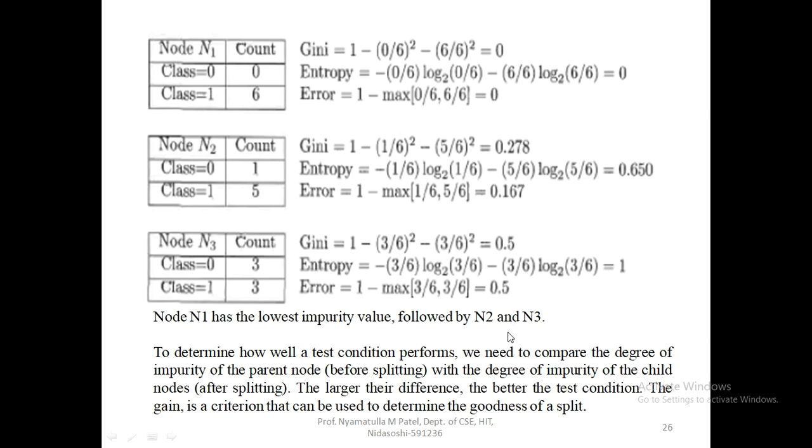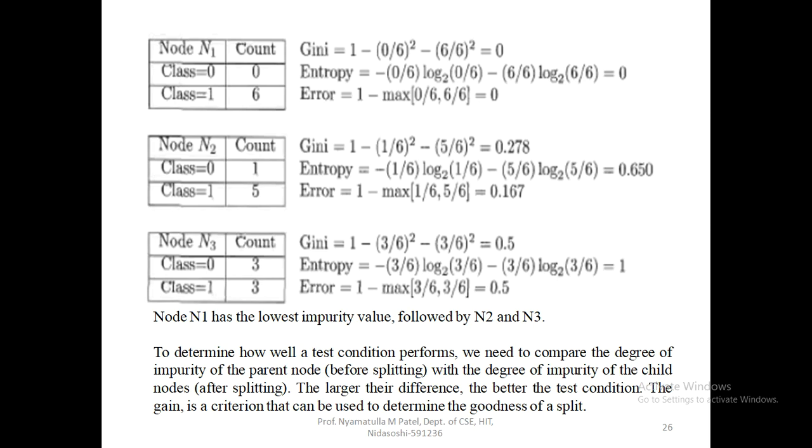To determine how well a test condition performs, we need to compare the degree of impurity of the parent node before splitting with the degree of impurity of the child nodes after splitting. Based on a certain test condition, you have split the parent node into child nodes. First, I need to calculate the impurity of the parent node before splitting.